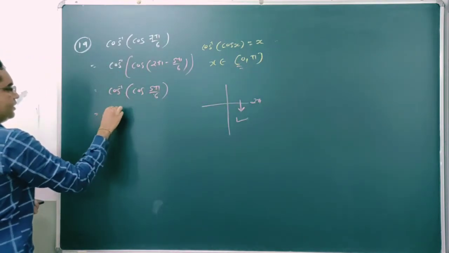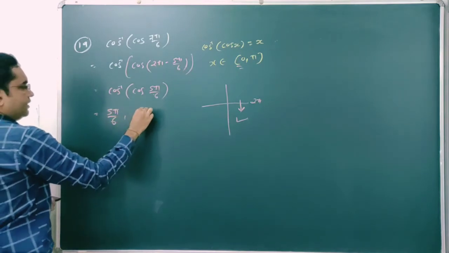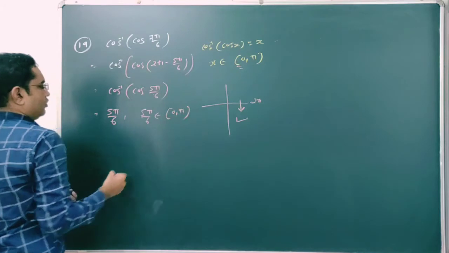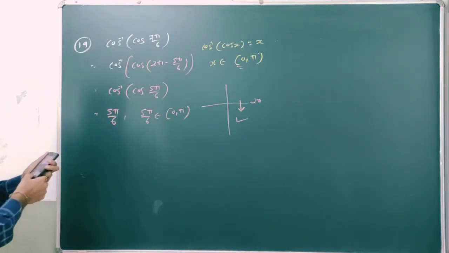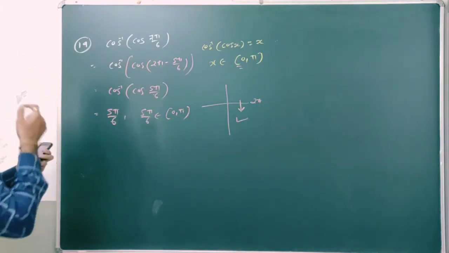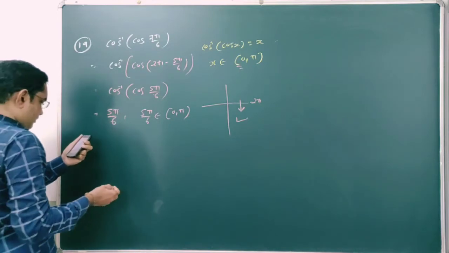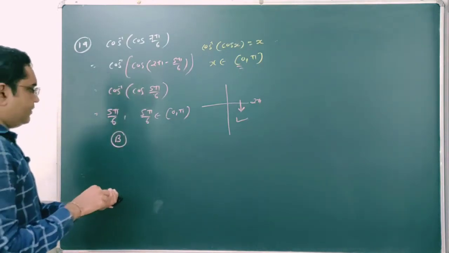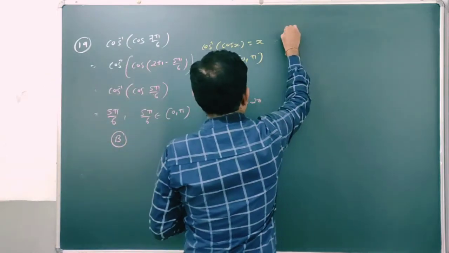Write the reason: 5 pi by 6 belongs to the closed interval 0 to pi. Done. Which option is 5 pi by 6? Check, it is option B. Option B is the answer for MCQ number 19.